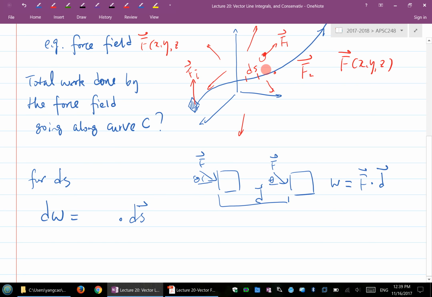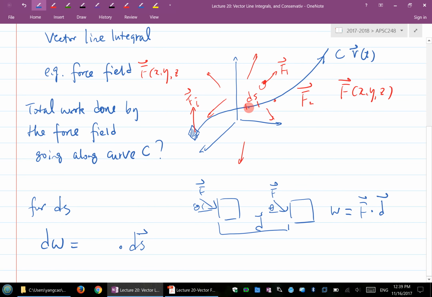So at this particular location, because this is your force vector field, you plug in x, y, z and you get a certain vector at this location. Because the segment is so small, we consider there's no change of the force vector field along this ds segment. So I would just use F dot ds.